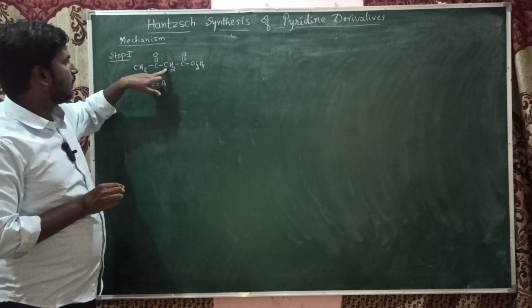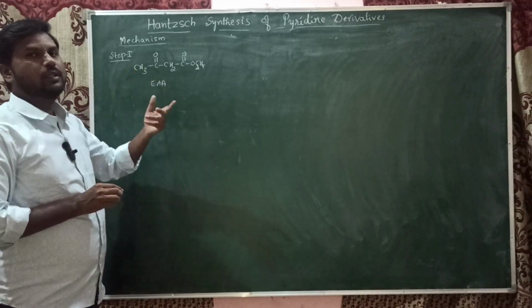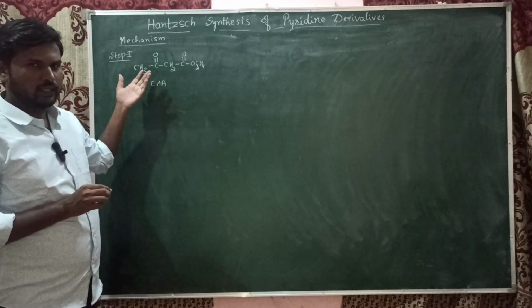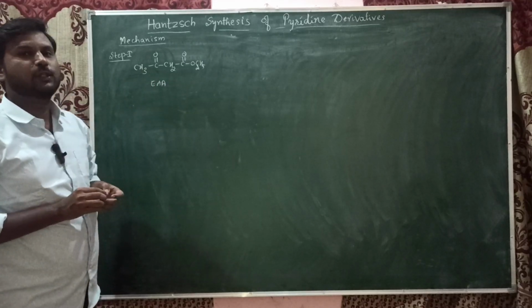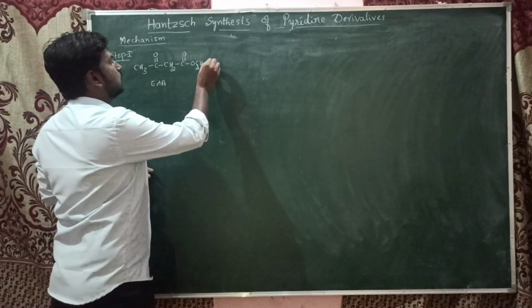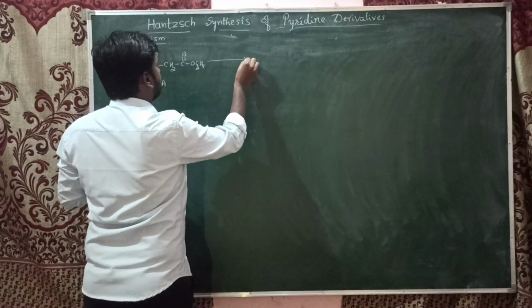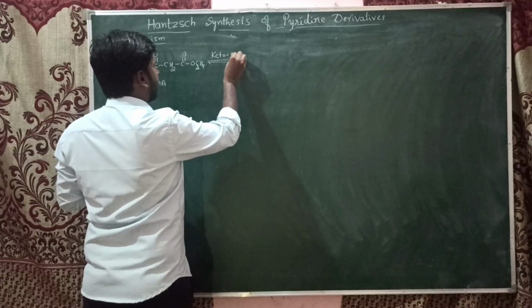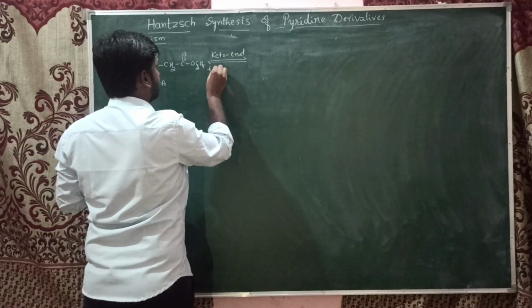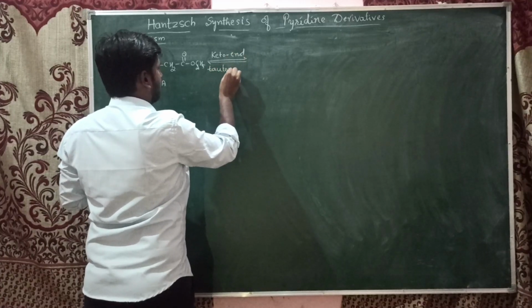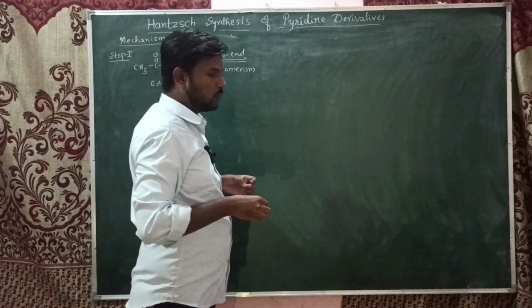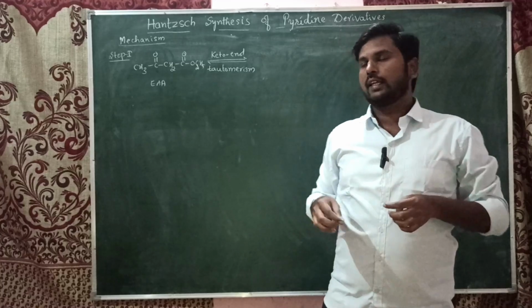By internal proton transfer, this ketonic group can be converted into the enolic form, which is an isomer of this same compound, that is keto-enol tautomerism. So by keto-enol tautomerism, this ketonic group will convert into an enolic group.